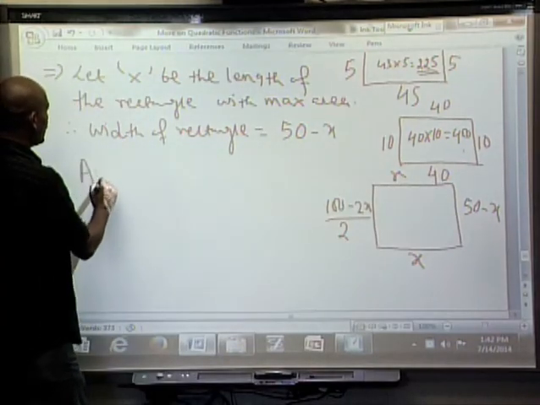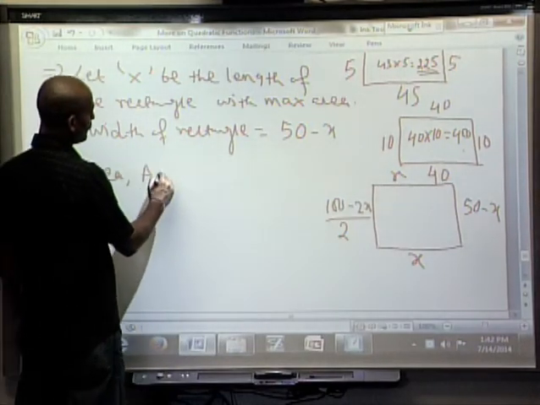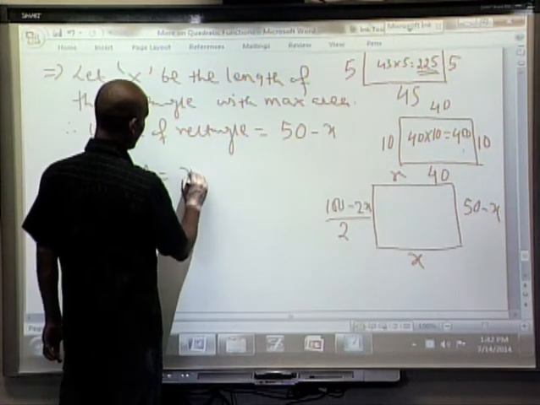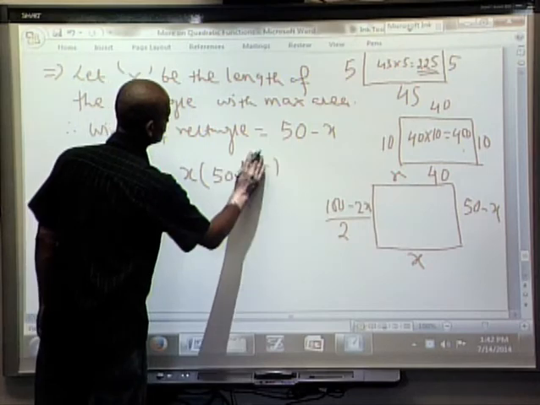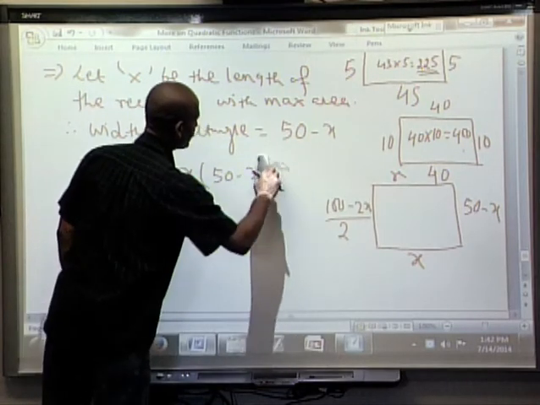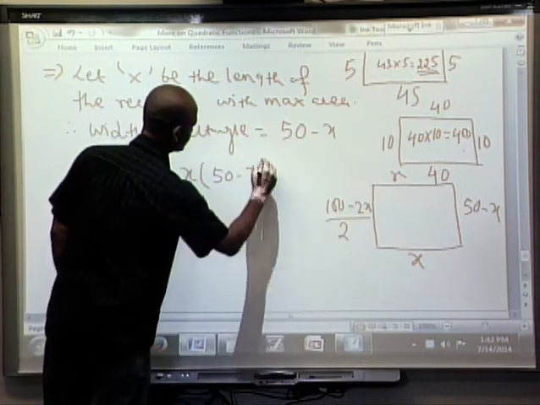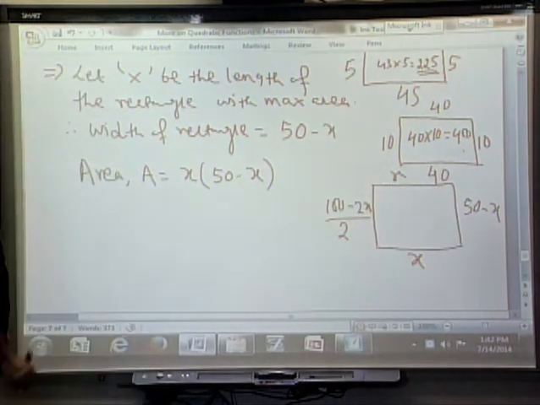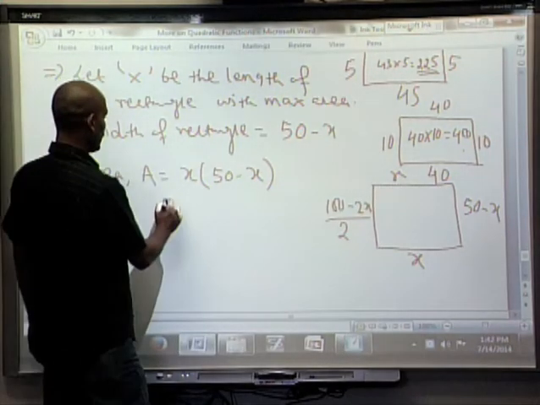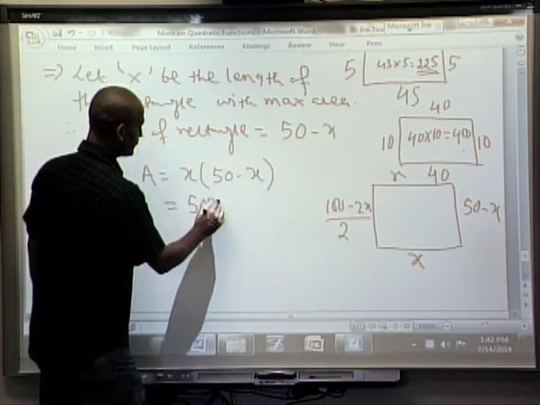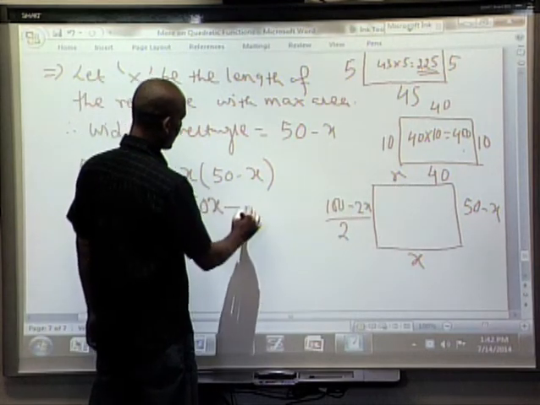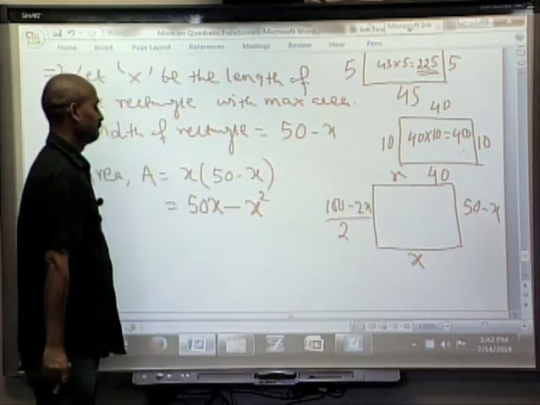We know the area A of the rectangle is given by x times (50 minus x). If we multiply these two, we get 50 times x, which is 50x, minus x times x, which is x squared.